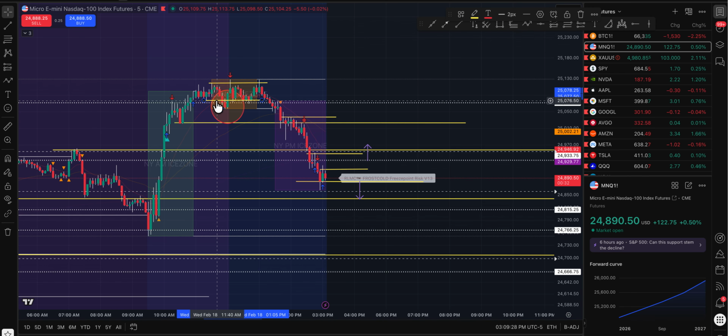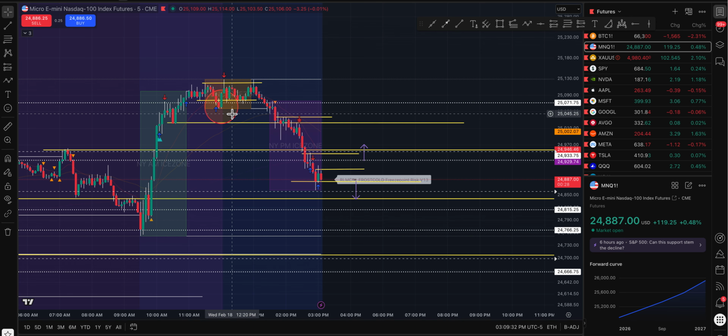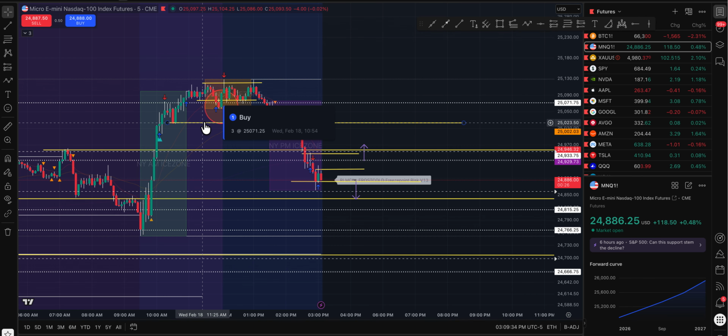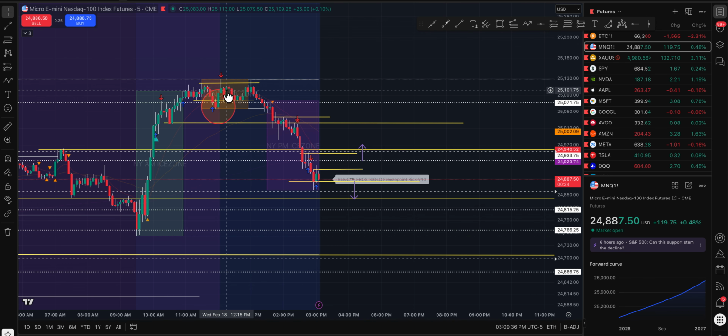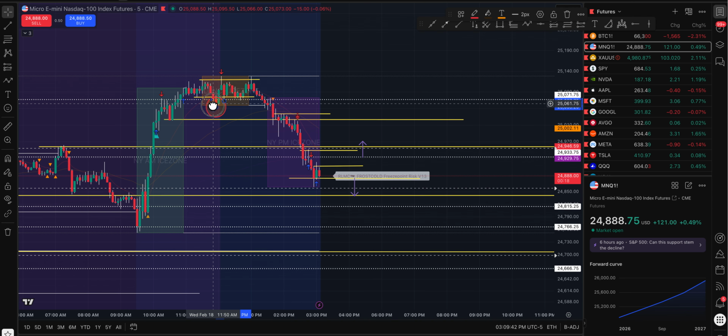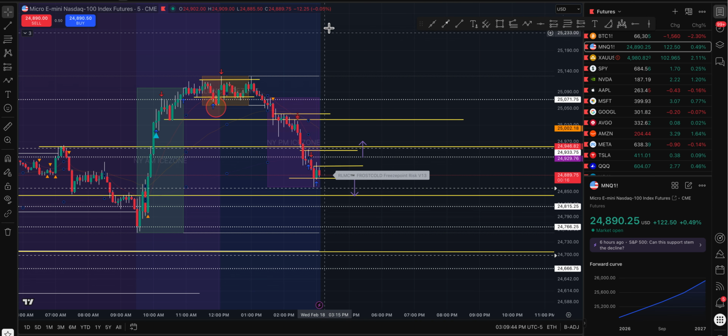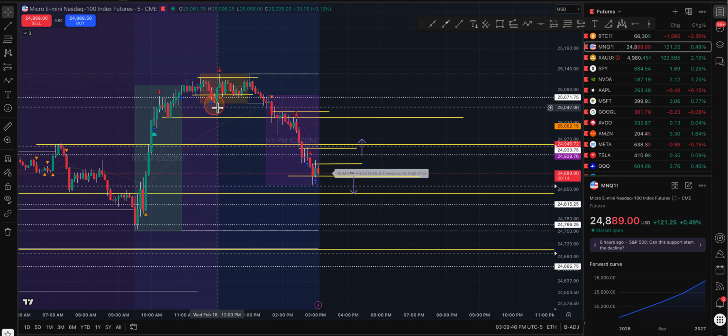So I would do that, and this is the reason that I put this circle here, because it showed me that, I don't know why it won't let me move it, okay, it showed me that it wanted to go down.